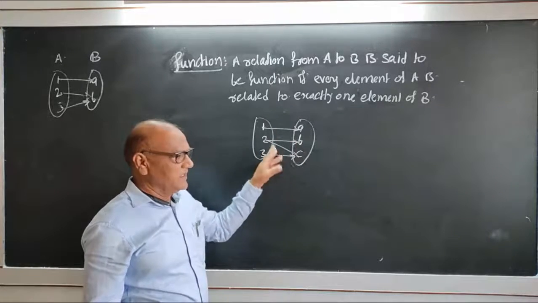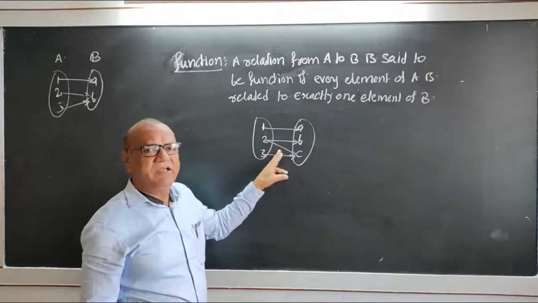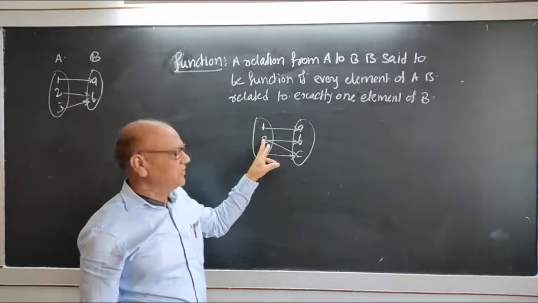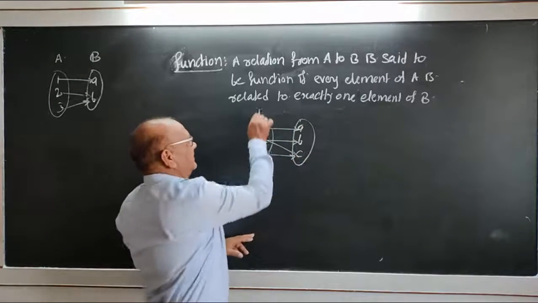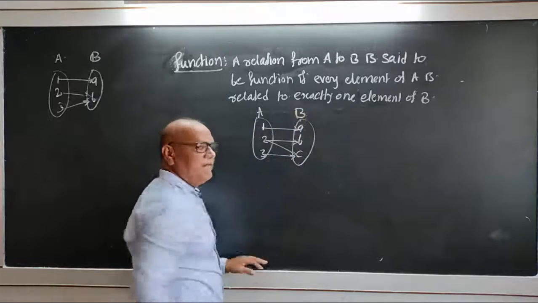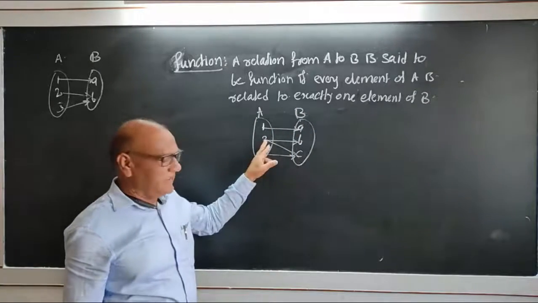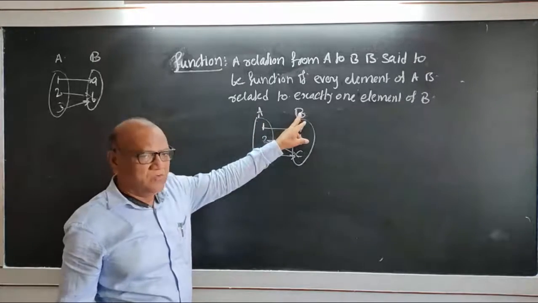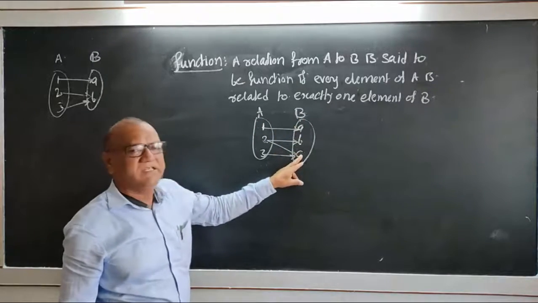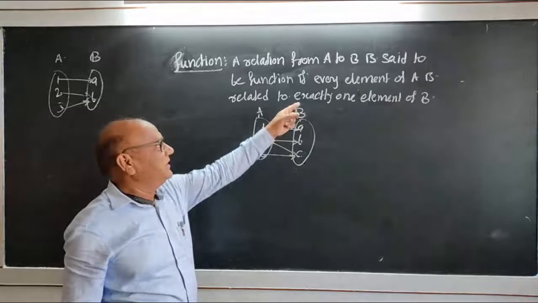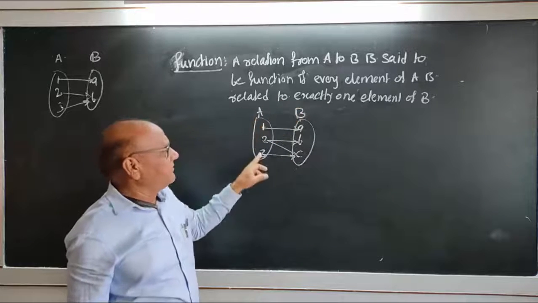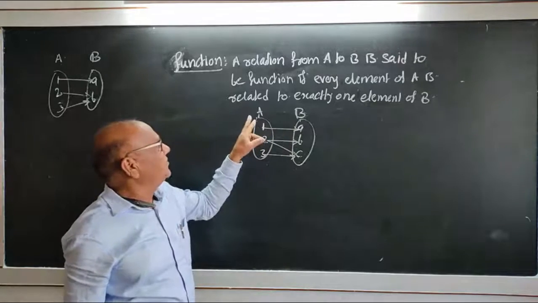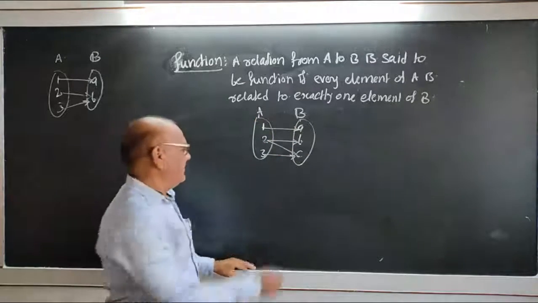This is a relation. This relation is not a function because 2, an element of A, is related to 2 elements of B and C. Here every element of A should be related to exactly one element of B.